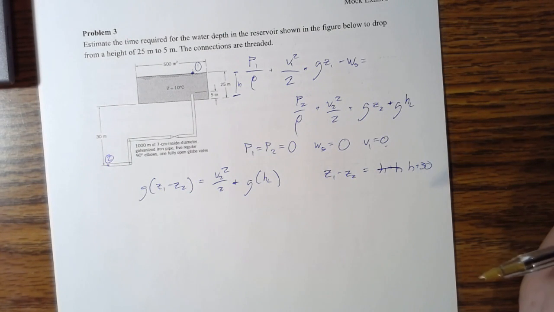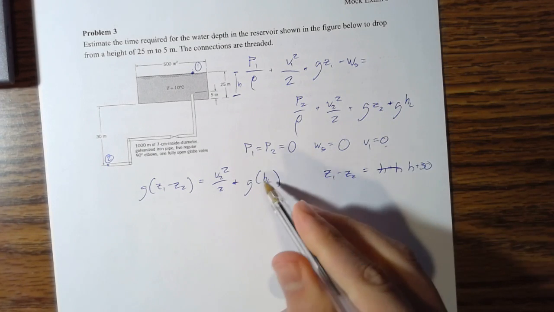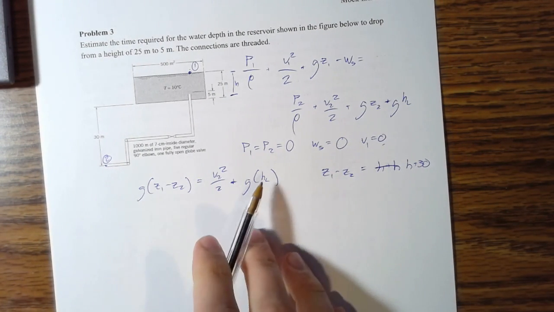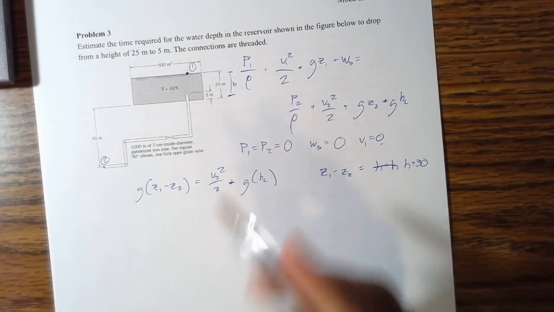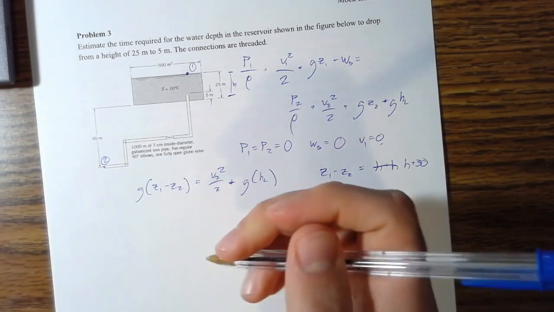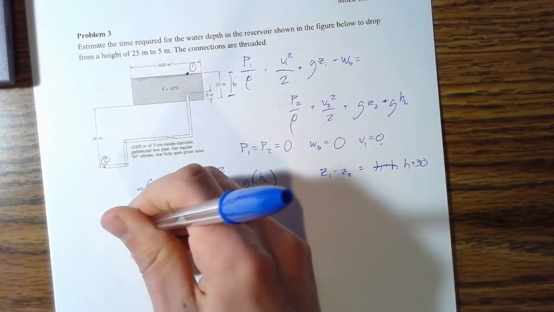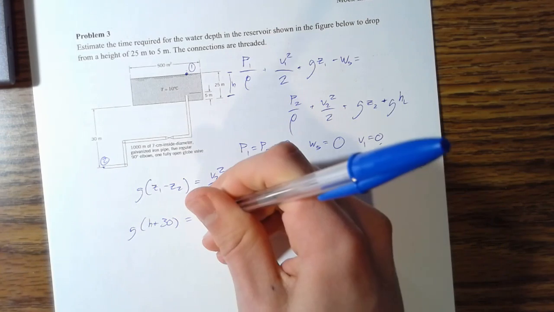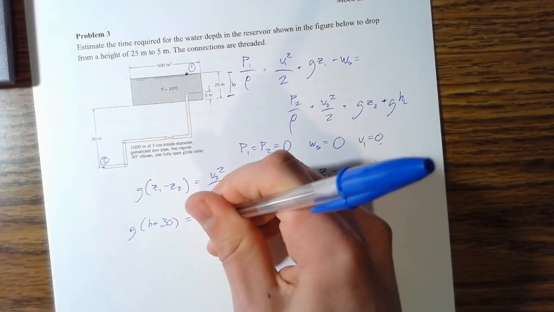All right. And then we'll solve for a velocity, and then we'll figure out what our HL is. So rewriting this a little bit, we have g times (H plus 30) is equal to V squared over 2.